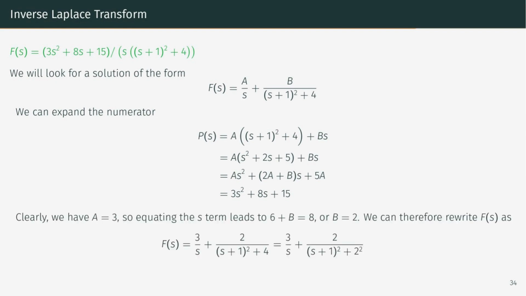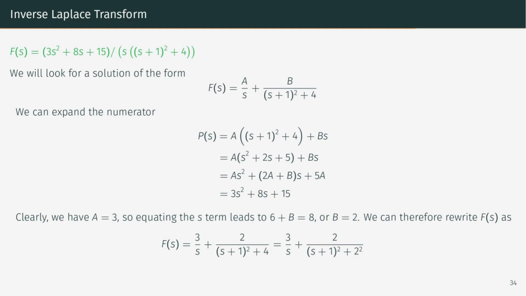Now, we know that we originally started with a numerator of 3s squared plus 8s plus 15. And so we can see that A must be equal to 3 and B must be equal to 2, since 6 plus B equals 8.